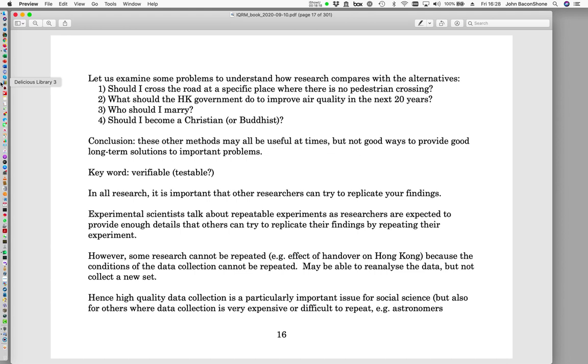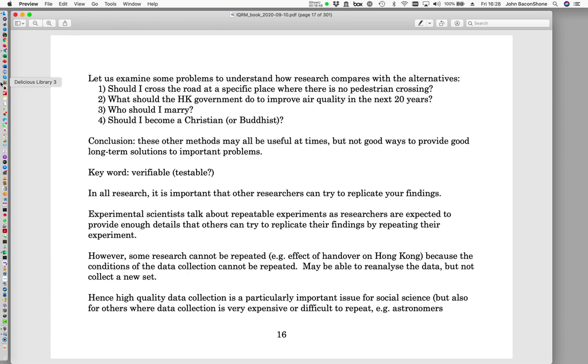Okay, so let's come on to the next little element, which is one of the words in the definition of research was verifiable, or sometimes people use the word testable. So what's the context for this? So clearly in all research, it's important that other researchers can try to replicate your findings, meaning if they do similar research to you, they should reach a similar conclusion.